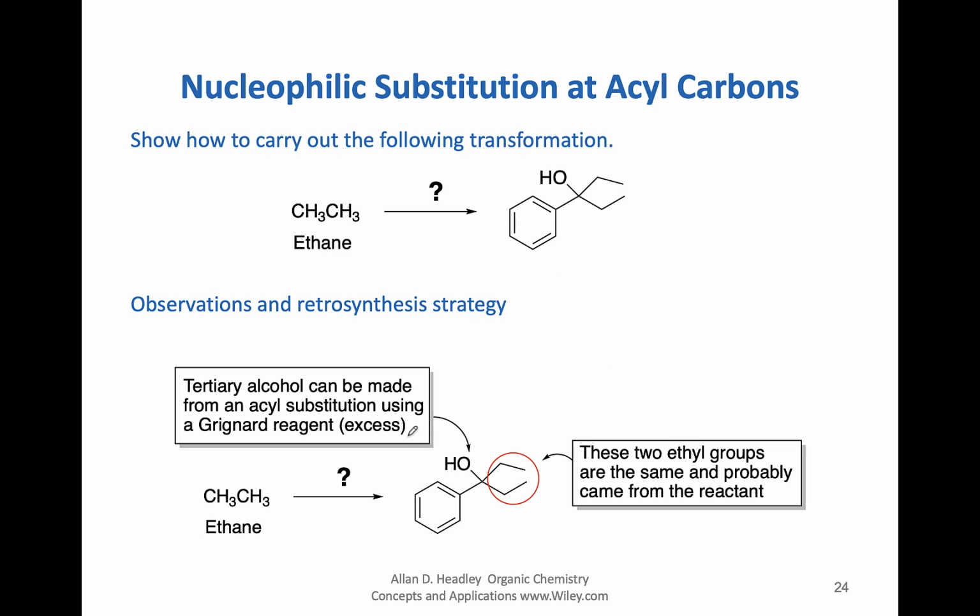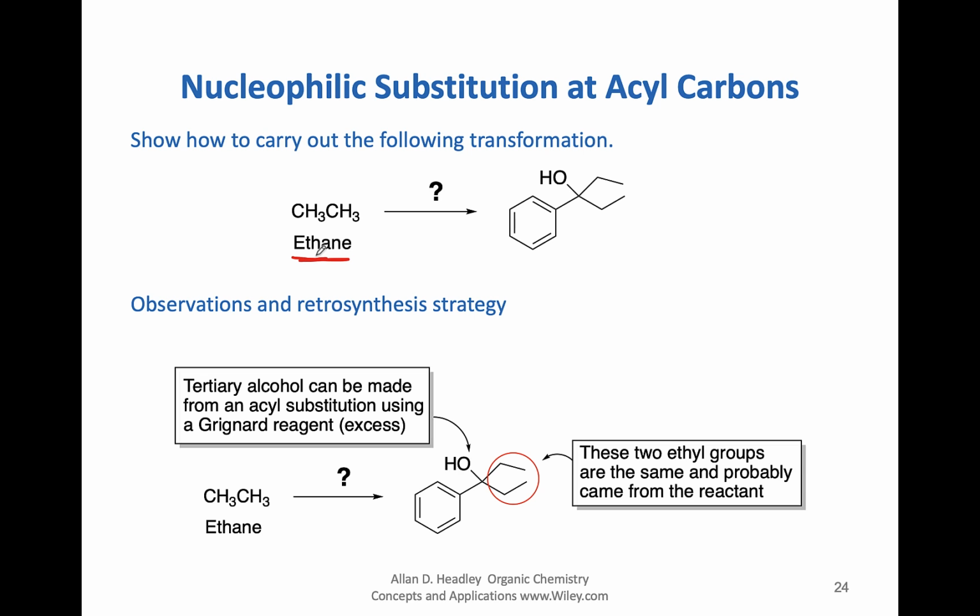This question here is a synthesis question. Now you have to supply reagents using the information that we have discussed on the previous slides. So let's see if we can look at what should happen here. Starting with ethane. So you went in the lab and you got a bottle of ethane.